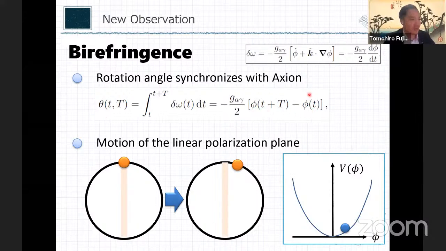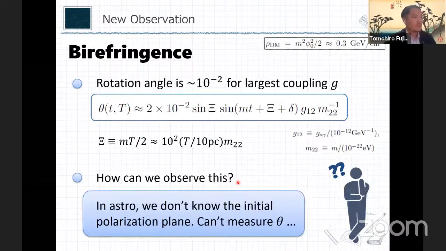So at the point of emission and at the point of observation. So it doesn't matter what happened in between the observation and the emission point. That is another property, but this is not very important for the current discussion. Anyways, we expect some rotation of the linear polarization plane due to axion-like dark matter. So it can be a smoking gun of axion-like dark matter.